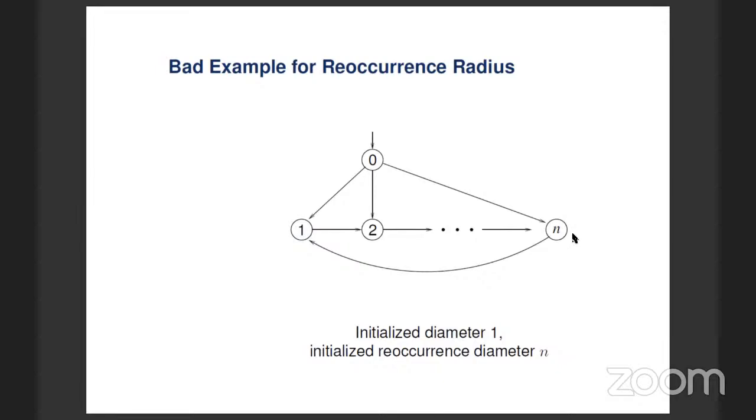This is a kind of pathological case. In this case, the reoccurrence diameter, which is the length of the longest pure lasso, happens to be equal to the actual number of reachable states.